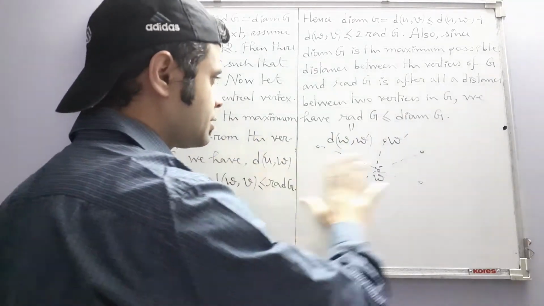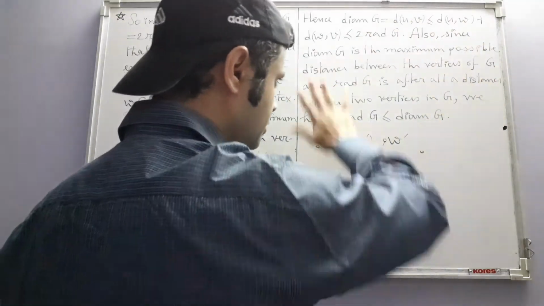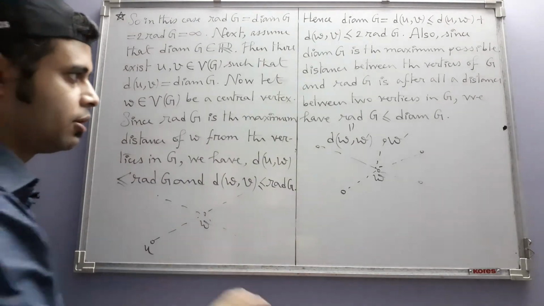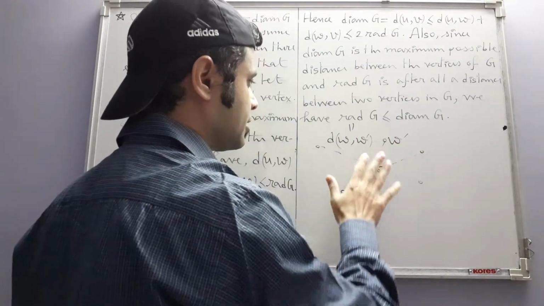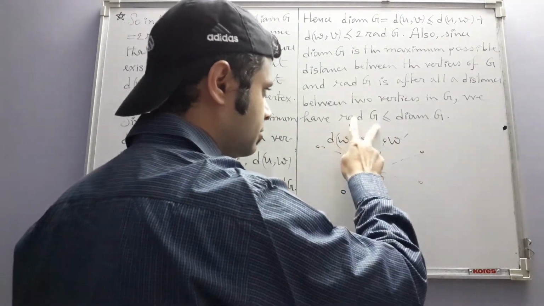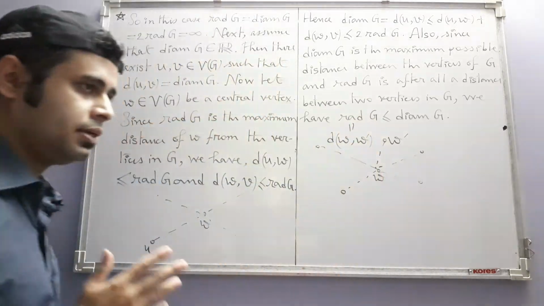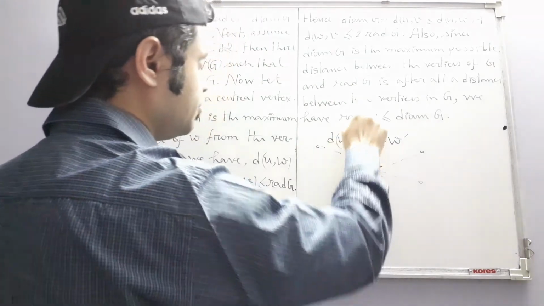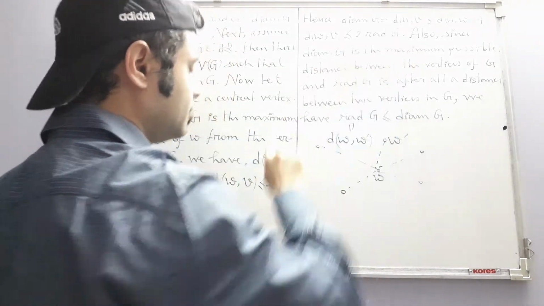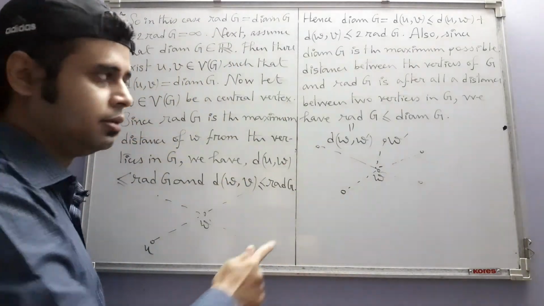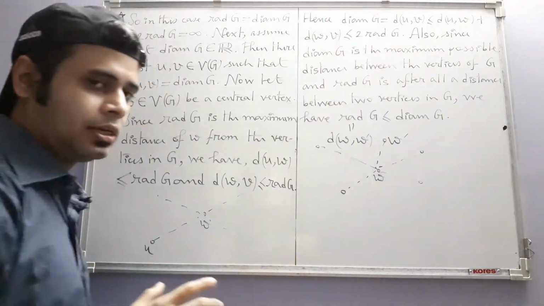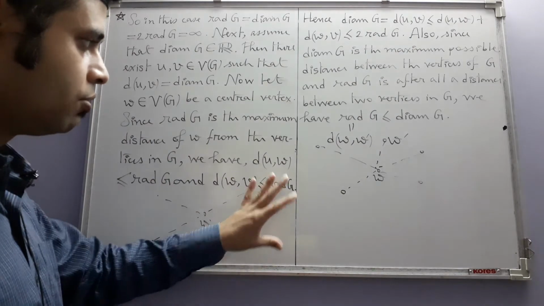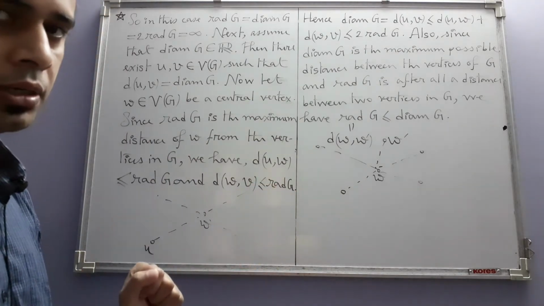Now why I was saying that I should have said this part before concluding these things is because this one tells us in particular that the radius of G in this case is finite, it's a real number, and that's why when we are adding the radius of G with the radius of G, we are getting 2 times the radius of G. In this case we don't have to deal with infinite quantities.